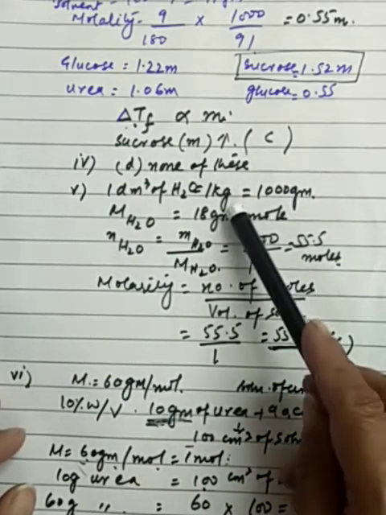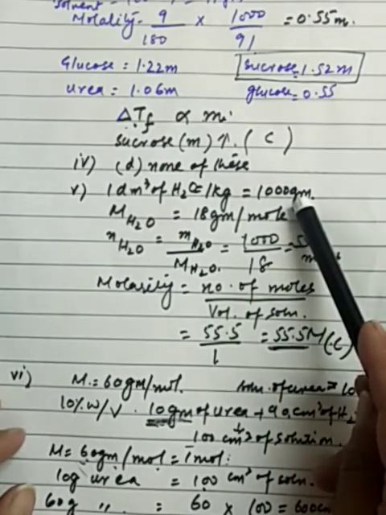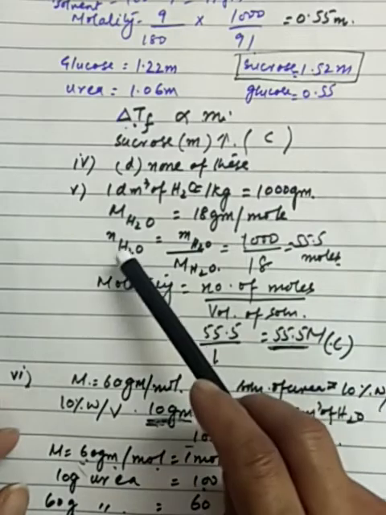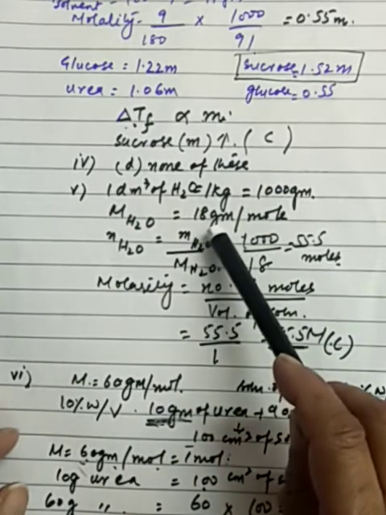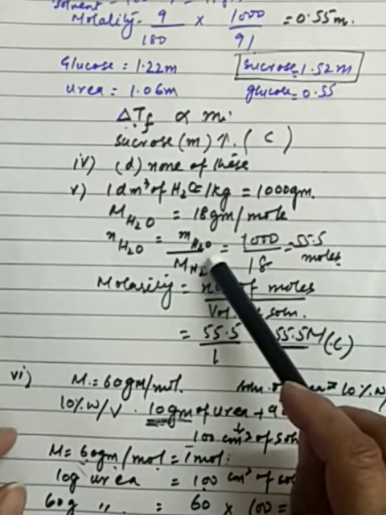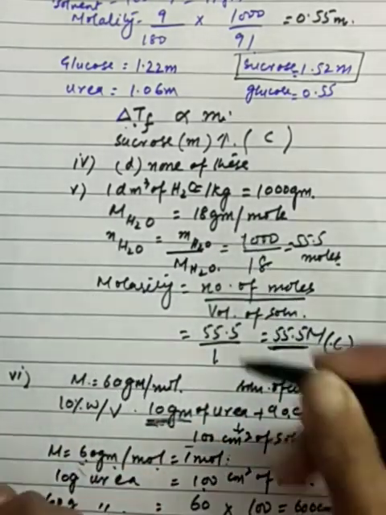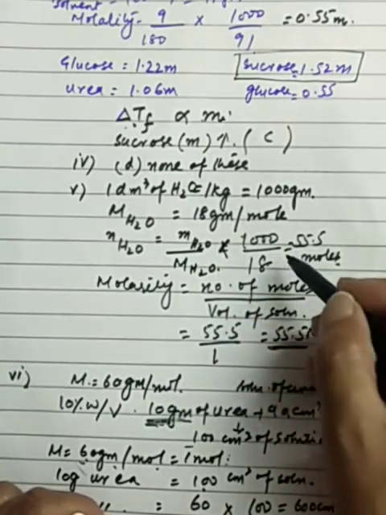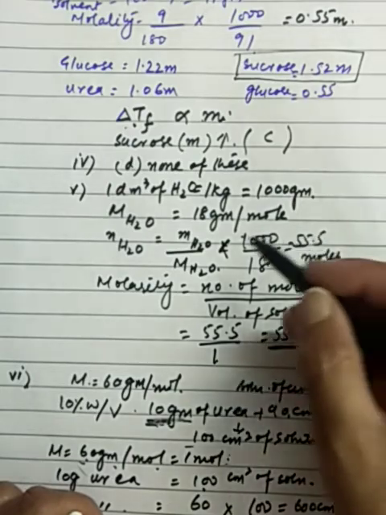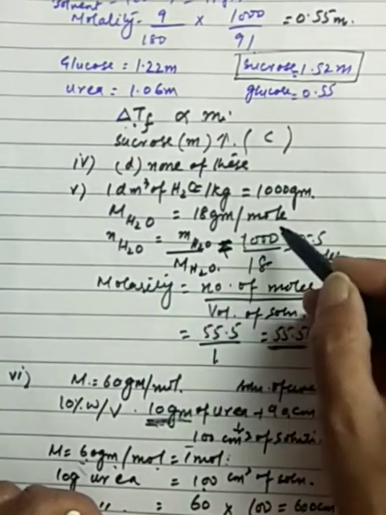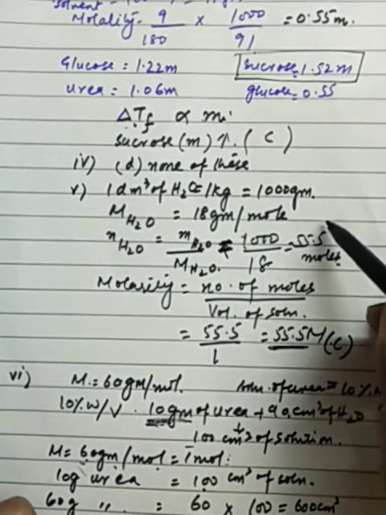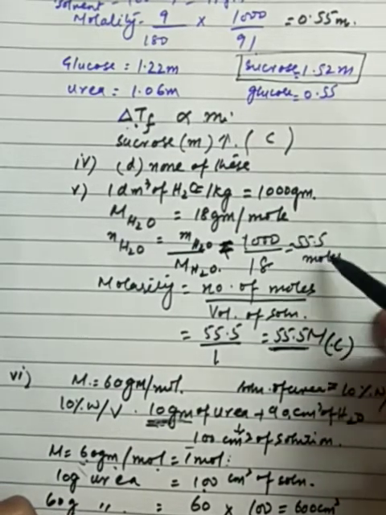और 1 kg में 1000 ग्राम होते हैं। मोलर मास ऑफ वाटर इज़ 18 ग्राम पर मोल। Number of moles of water is equal to mass of water over molar mass of water. बॉयज सबसे पहले हम नंबर ऑफ मोल्स कैलकुलेट करेंगे, 1000 divided by 18, that is equal to 55.5 moles.